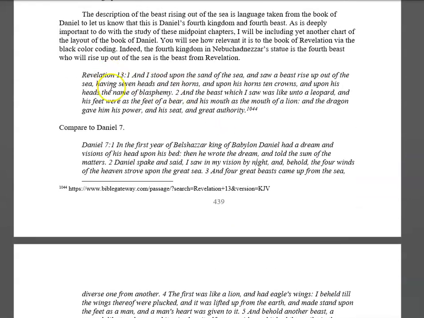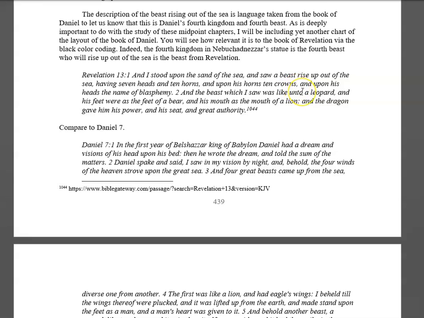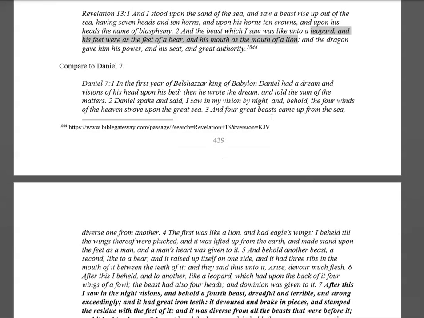Okay, well, this also is telling us, make sure you understand Daniel. Revelation 13 says, the beast which I saw was like unto a leopard, and a bear, and a lion. So indeed, the first 3 beasts which come before this 4th beast are a lion and a bear and a leopard. So this is making sure that we understand that Daniel 7 is pivotal to understanding Revelation 13.